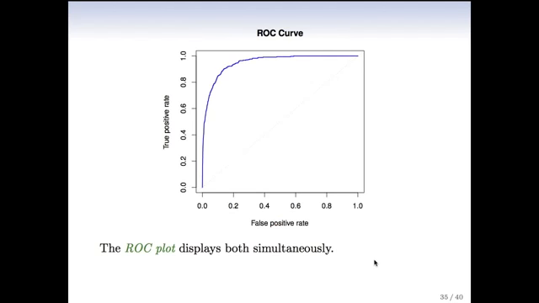And so you can change the threshold. You can capture that change in threshold in what's known as an ROC curve. What this shows is the two error rates, in this case false positive rate and true positive rate, as we change the threshold. Okay, and we'd like the false positive rate to be low and the true positive rate to be high.